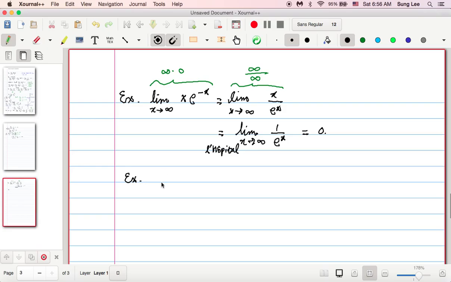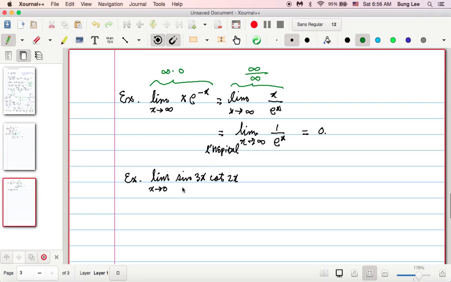Next example is what? Limit of sine 3x and cotangent 2x and x approaches 0. Okay, x approaches 0. So let's take a look at it, right?